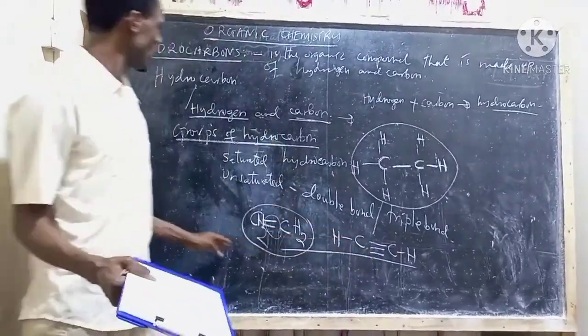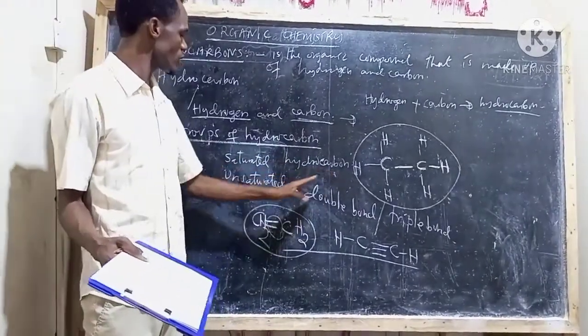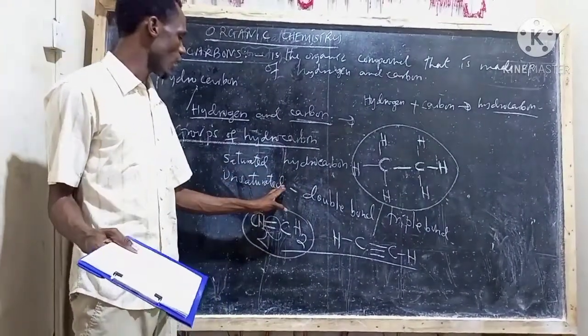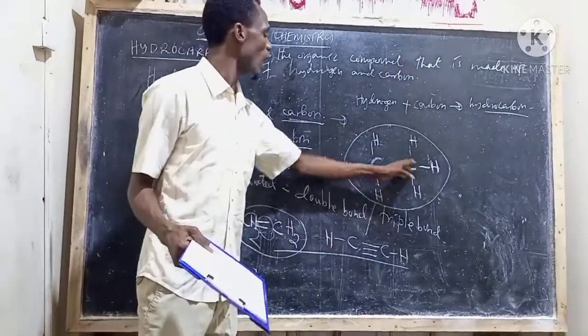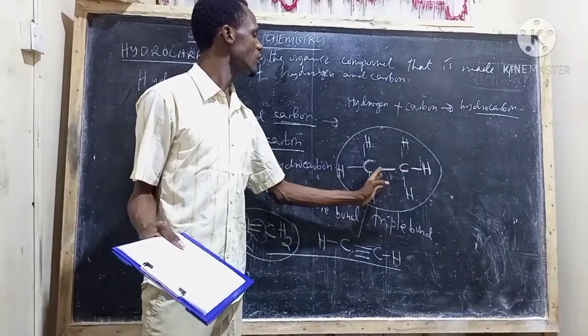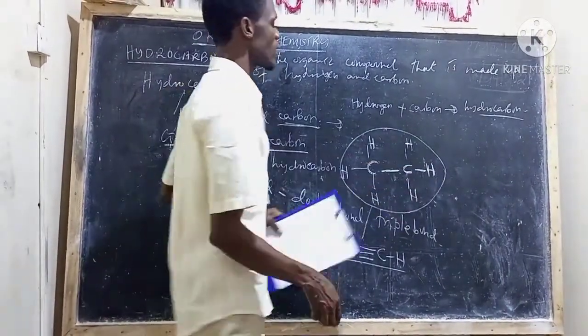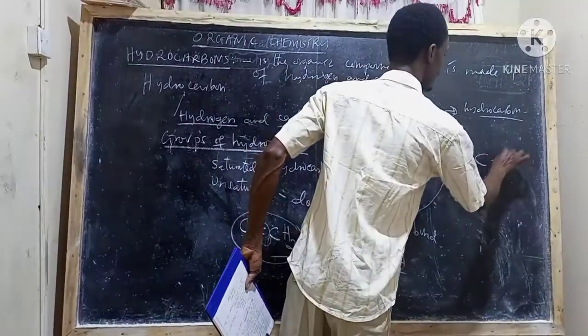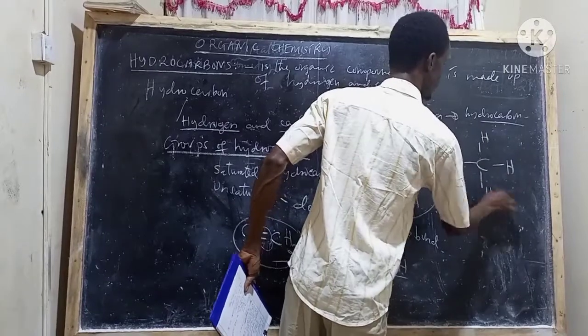So we have two groups of hydrocarbons: saturated hydrocarbons and unsaturated hydrocarbons. Saturated hydrocarbons are those where the carbons are joined with single bonds or with hydrogen. For example, this is methane: hydrogen, hydrogen, hydrogen here, hydrogen.